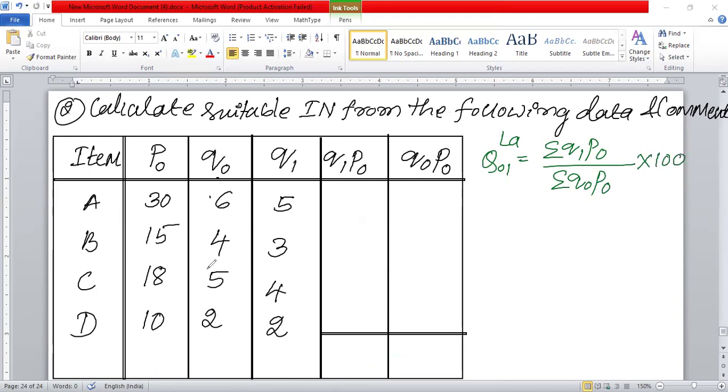Now we are able to multiply. The first one, Q1 P0: 30 into 5, so 150. 15 into 3, so 45. 18 into 4, so 72. 10 into 2, 20.